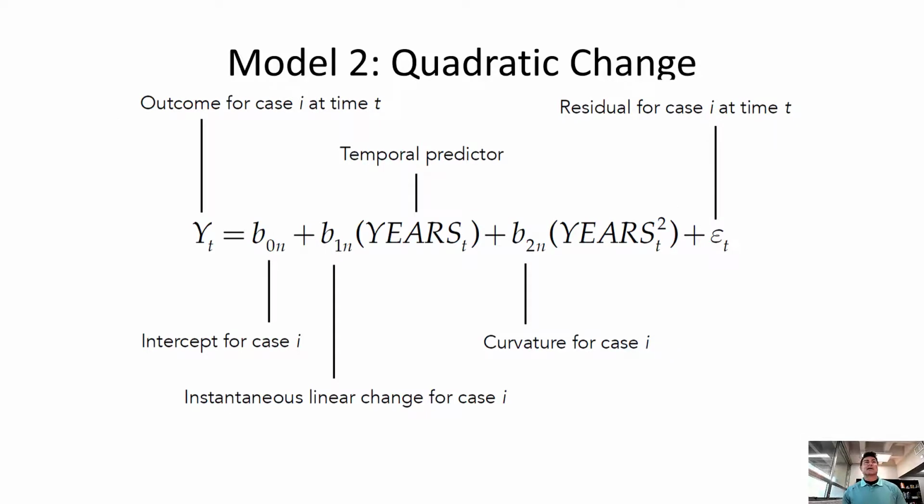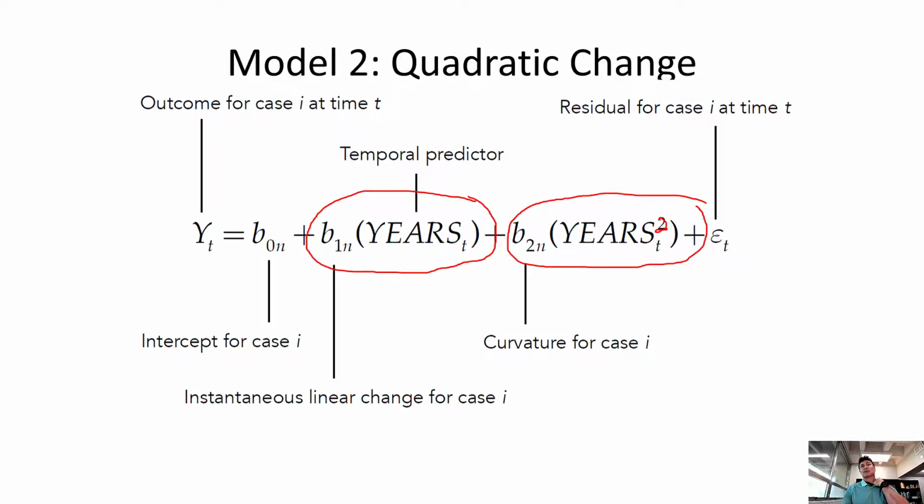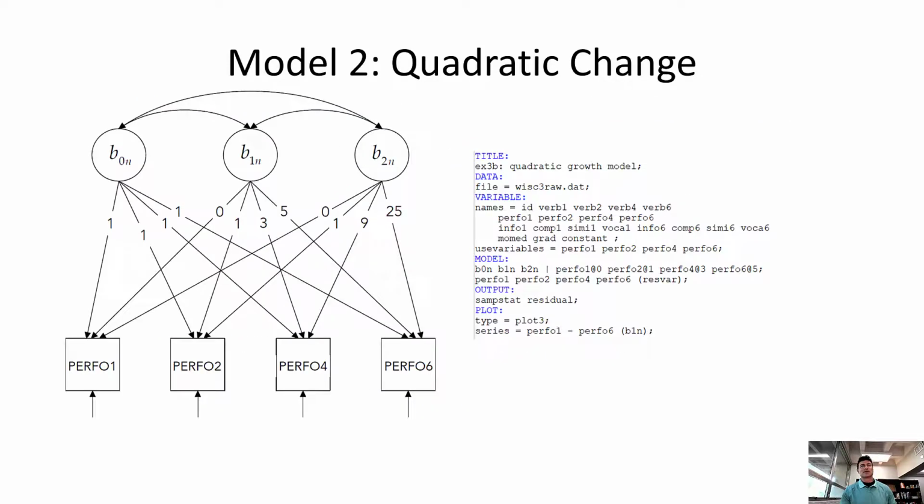So again, when we have our nonlinear change, we're basically creating a linear part, the linear slope, plus a quadratic part. So we're just using the quadratic formula, if you remember that from earlier algebra. So this is years squared, and I'll show you how in the next slide.